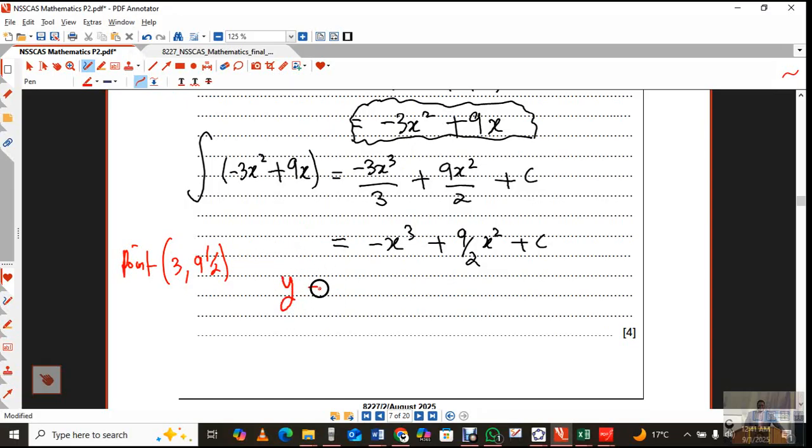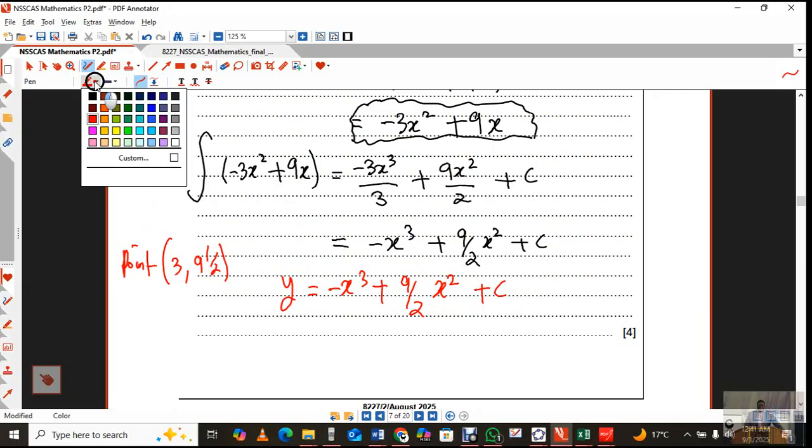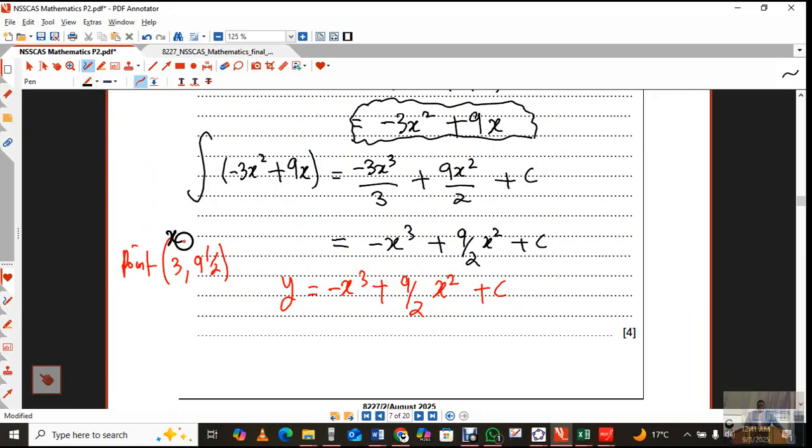So our curve is y equals minus x cubed plus 9 over 2 x squared plus c. We'll have to substitute for x here and for y in order for us to find that c value. So when y is 9.5: minus x cubed, x is 3, plus 9 over 2, x is 3 squared, plus c.